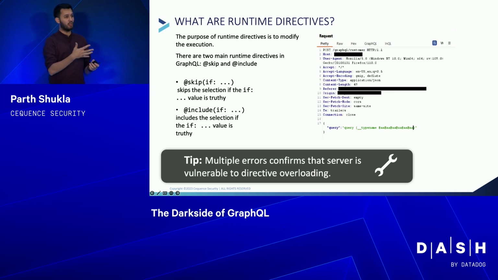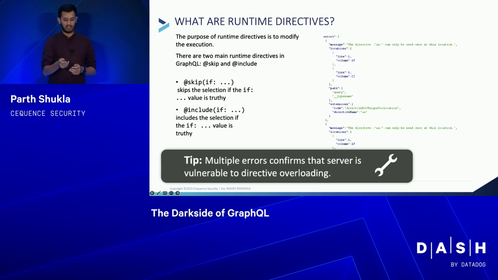Directives are preceded by the letter @. So wherever in the call you see @, and after that whatever is written, that is a directive, like @skip, @include. This type of attack goes along the line of batching as well, where I call multiple directives, @AA thrice, and if I get 3 errors in the response, then that is like a vulnerability.